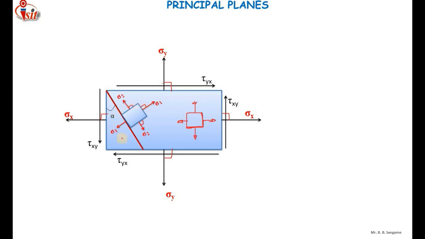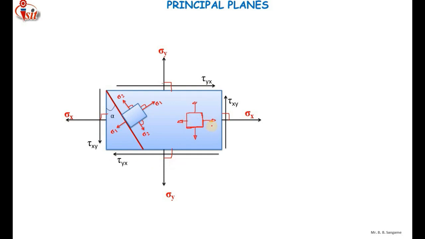Why is this called a principal plane? Because on this element, as there are normal stresses sigma x and sigma y, there are also shear stresses tau xy and tau yx acting along the surface of the element.